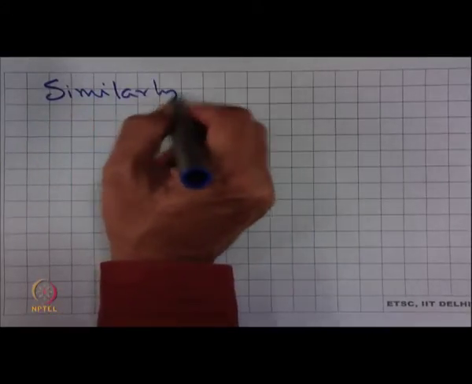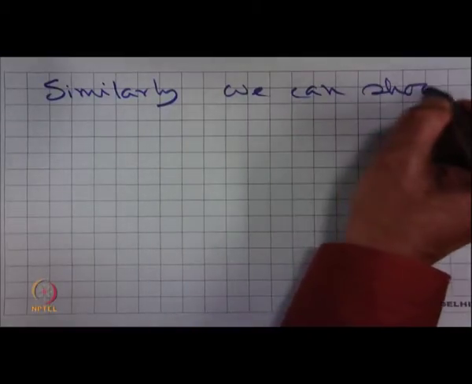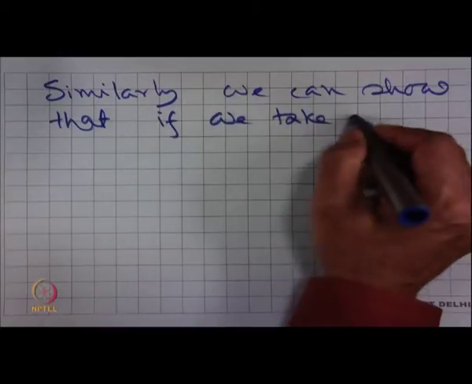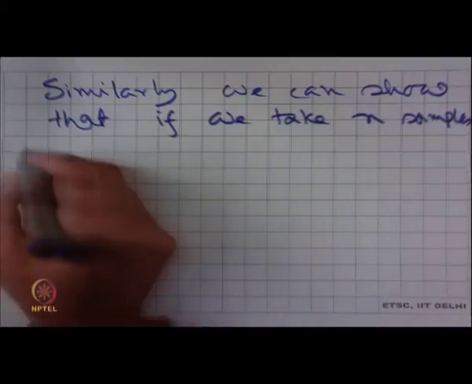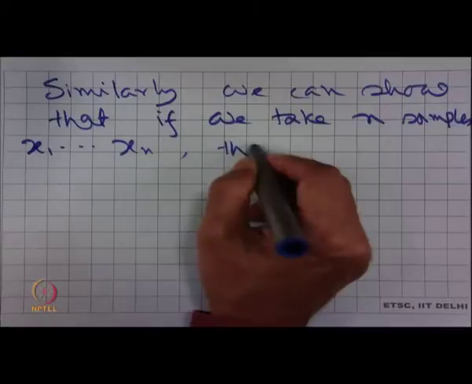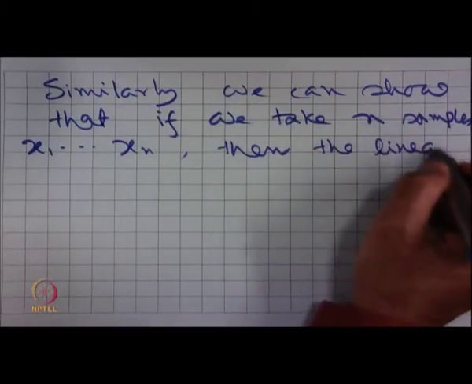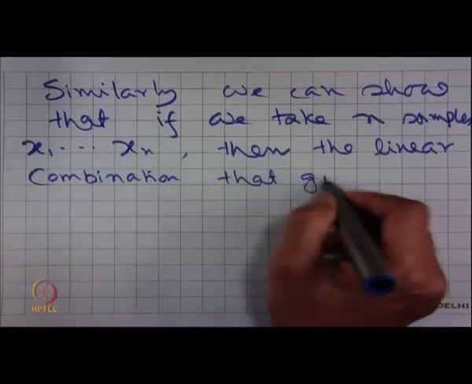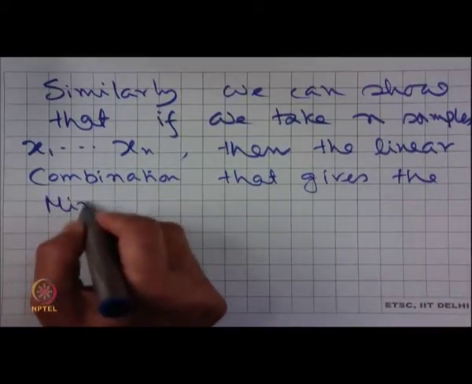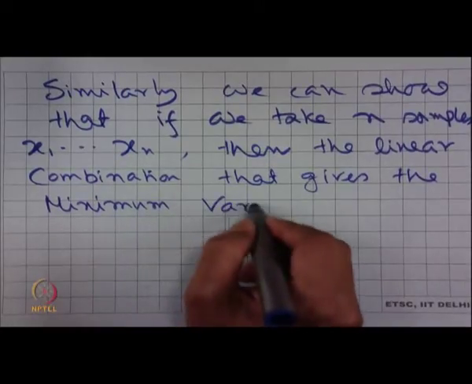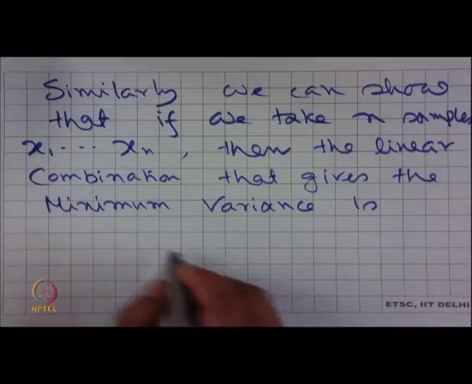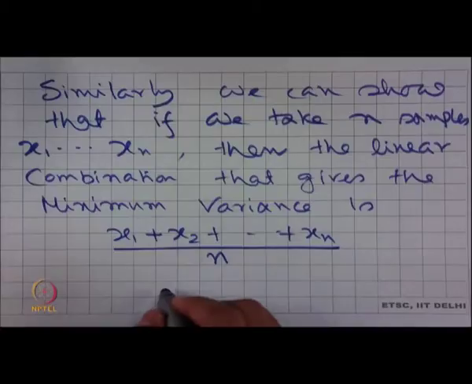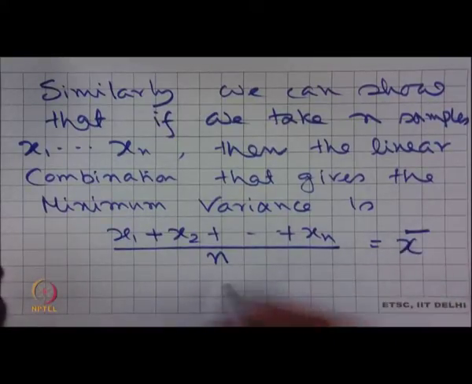Similarly, we can show that if we take n samples, x 1, x 2 up to x n, then the linear combination that gives the minimum variance is x 1 plus x 2 plus x n by n, that is x bar, that is the sample mean.